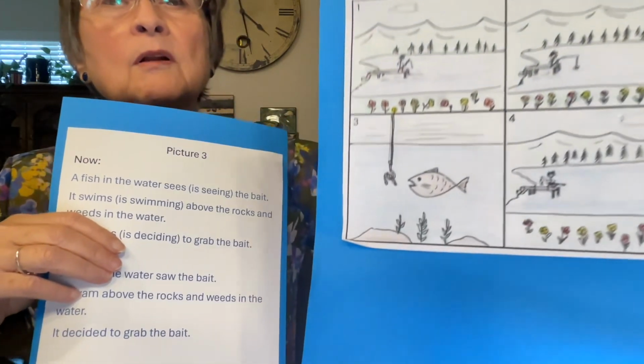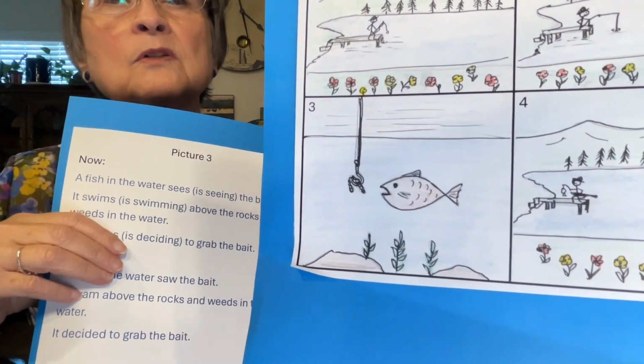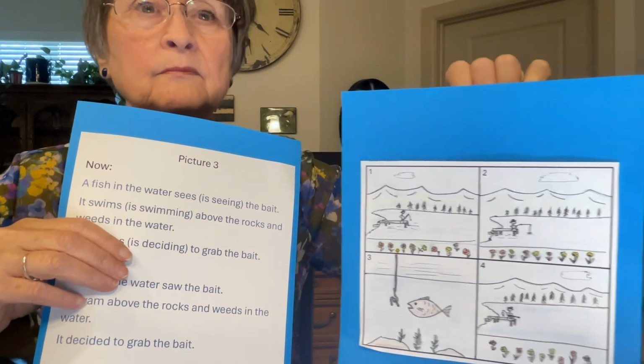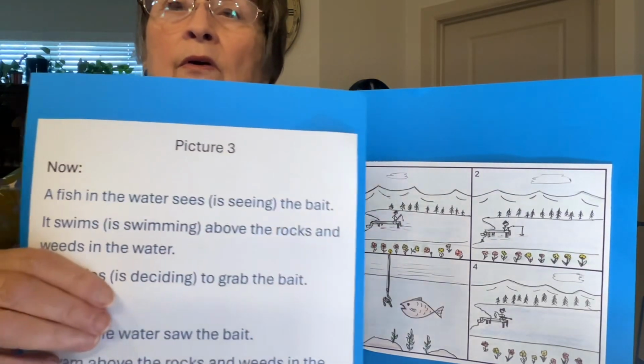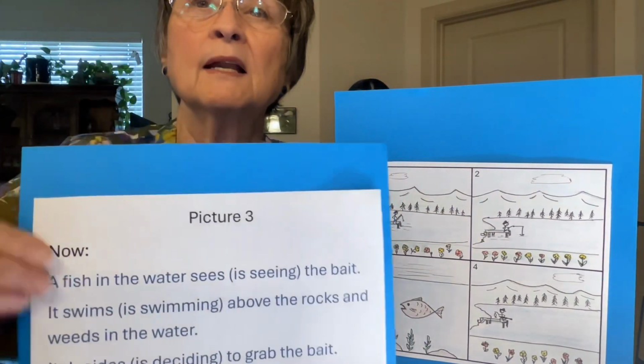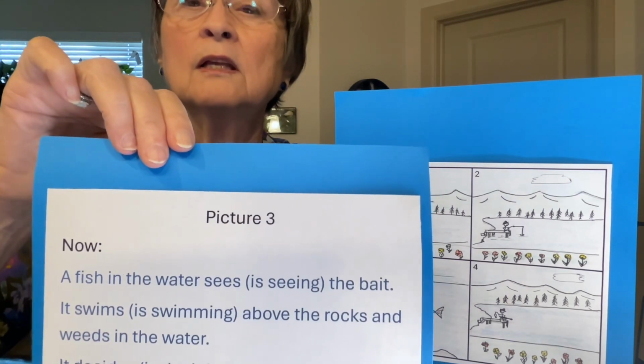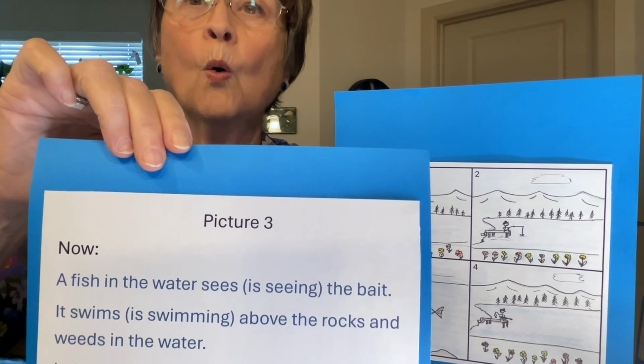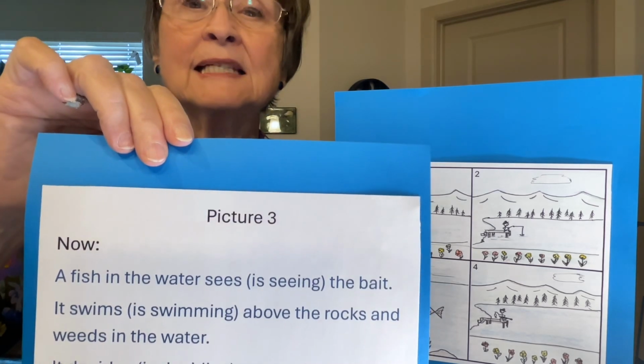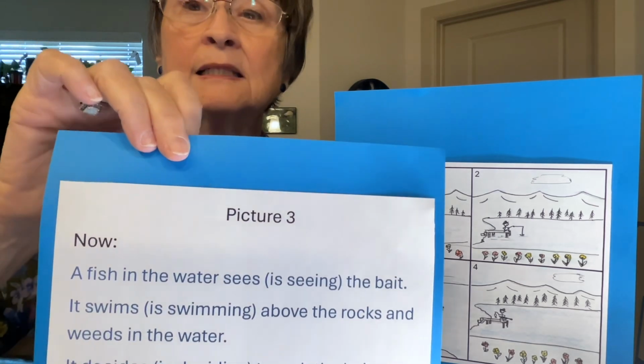And let me get it up close again. That's the one we're talking about. Okay. If I'm telling it as though it's happening now, a fish in the water sees, or a fish in the water is seeing the bait.